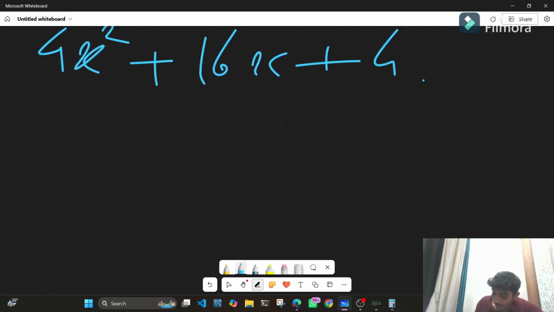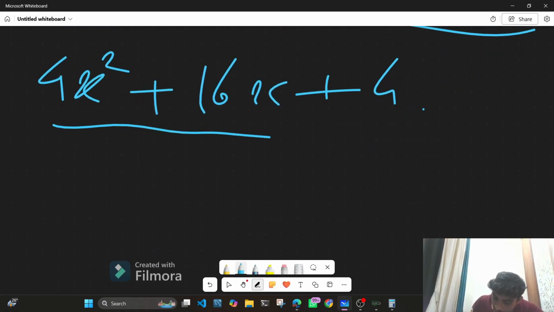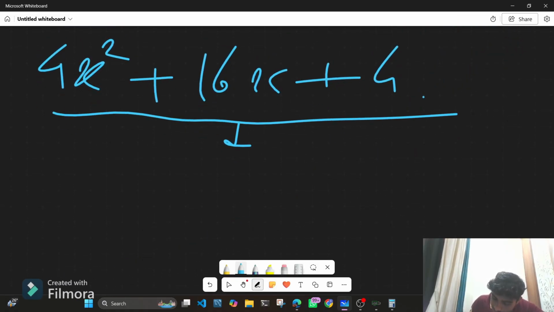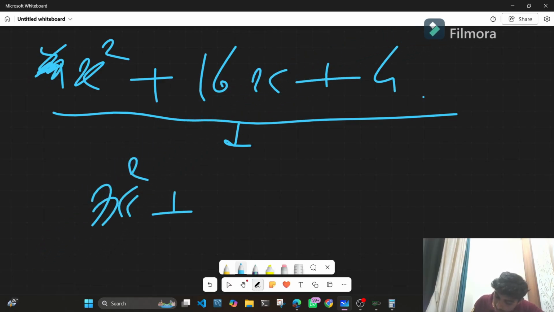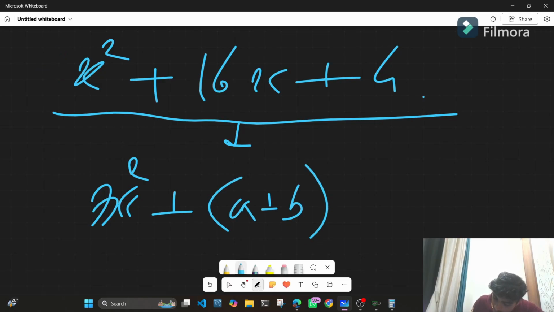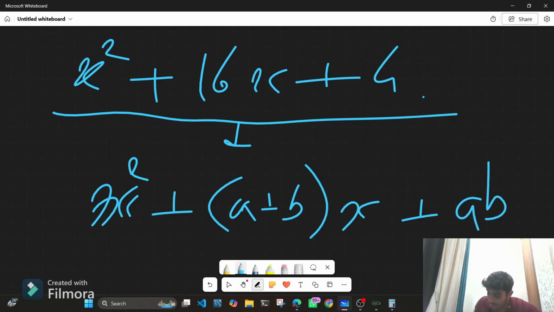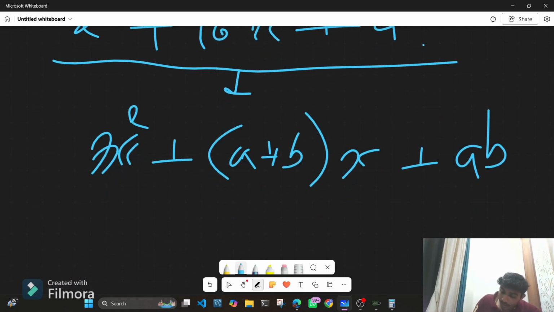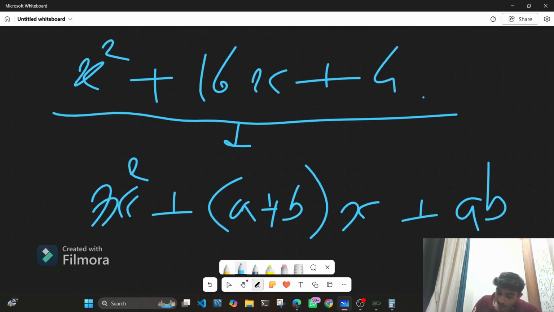Basically what we can do is write this algebraic expression as x square plus (a + b)x plus ab. So you can equate it with this.